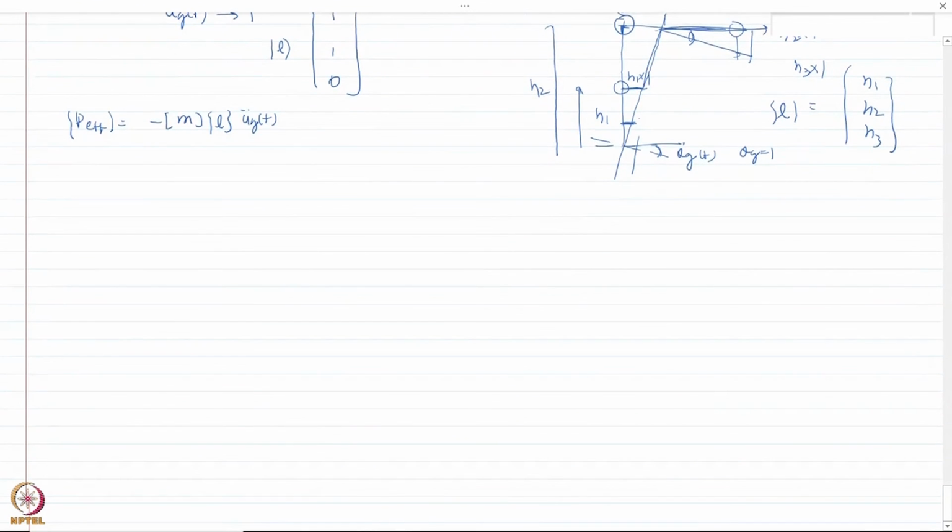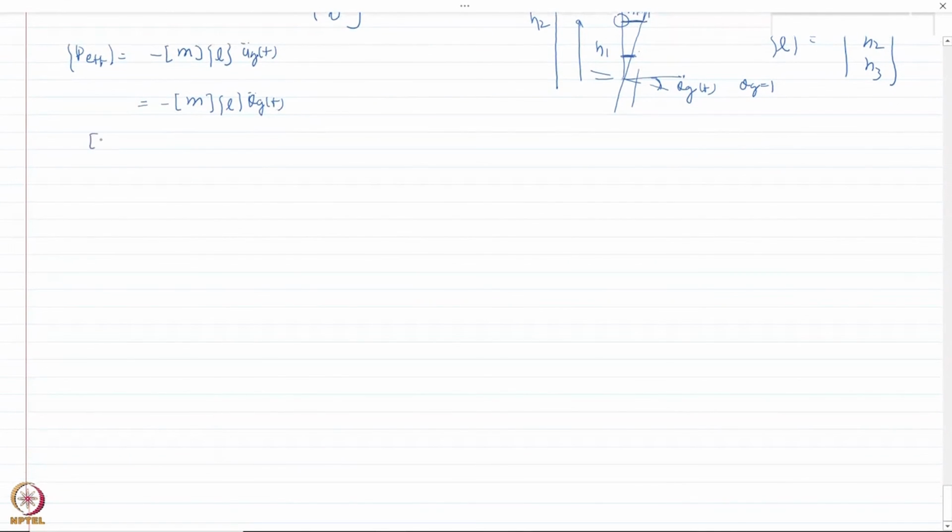If it's a rotational ground acceleration, then this would be L times theta g double dot(t). And we can write our equation of motion as m u double dot plus c u dot plus k u equal to p effective.